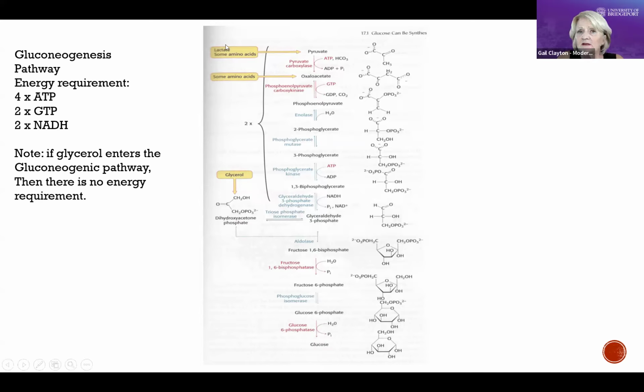So here, we have lactate and some amino acids going in to make pyruvate, which is then converted to oxaloacetate. Then we have this PEP, and then the rest we already went through in the previous lectures on glycolysis, because from here it's basically a reverse.